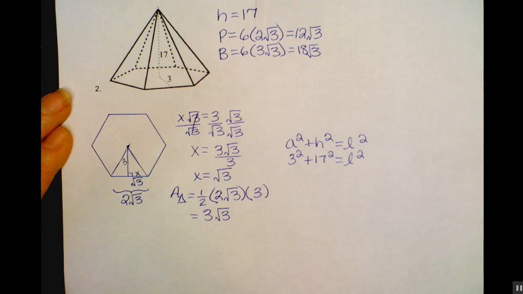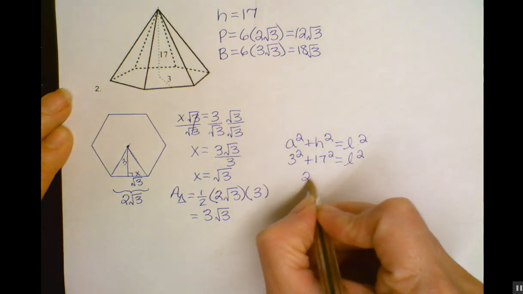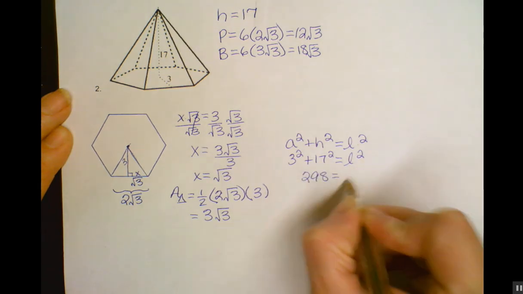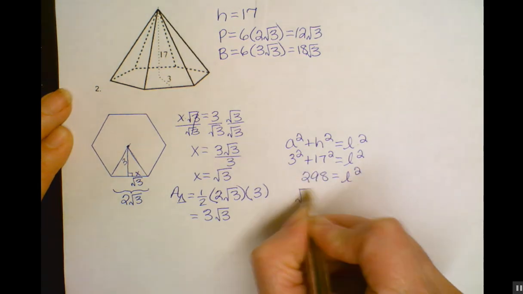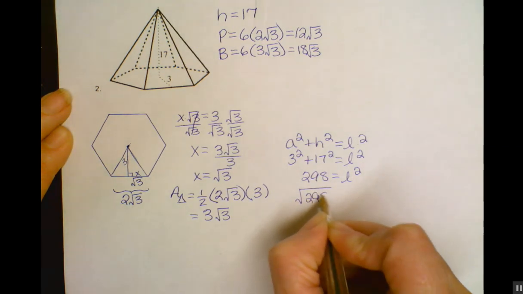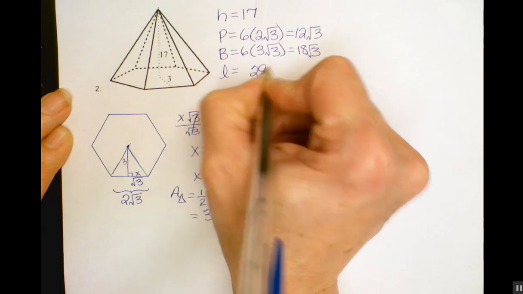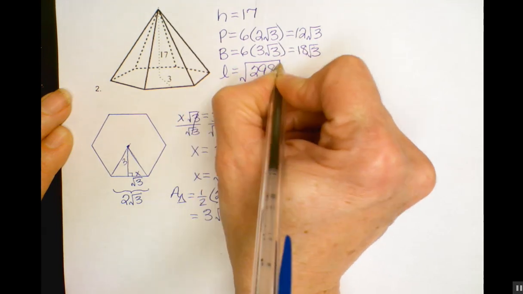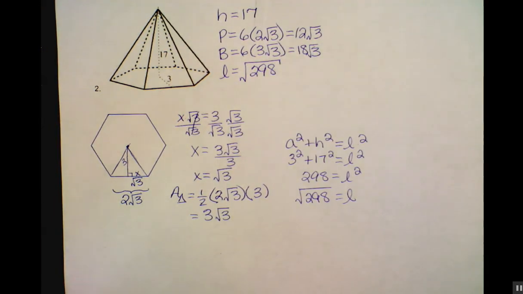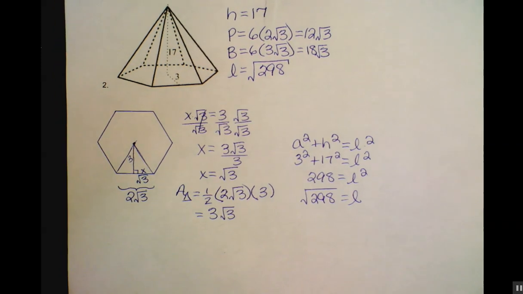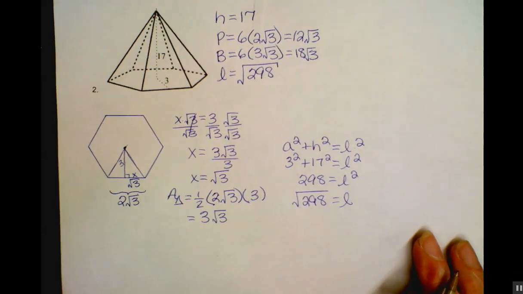So 3 squared plus 17 squared, 298, equals L squared. So L will be the square root of 298. And there again, it's not the final result, so it's not necessary, unless it's a whole number, to really concern yourself with simplifying that value.